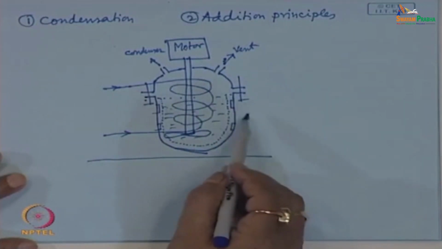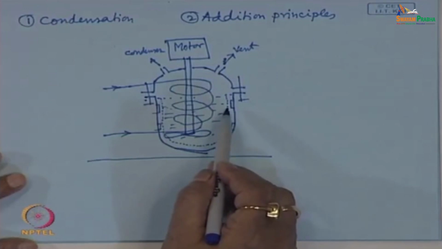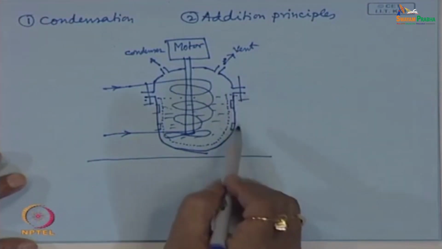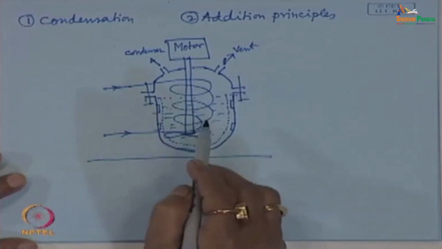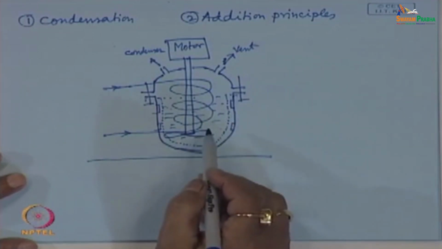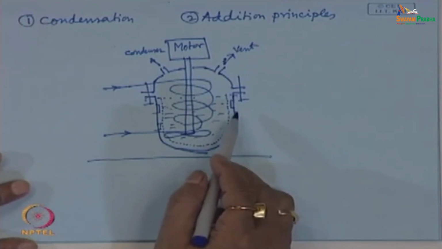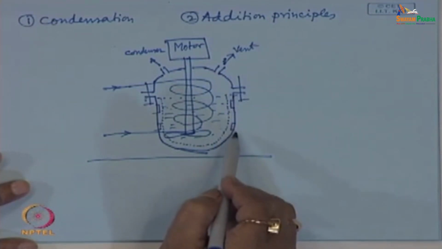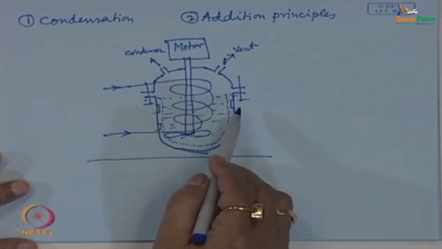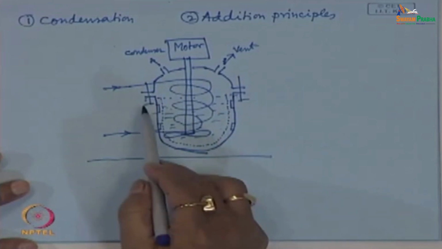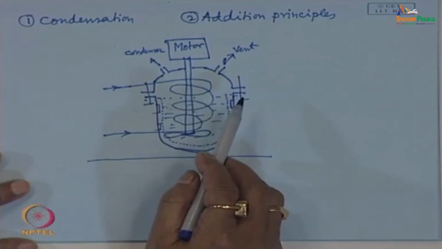Not only that, there may be jacketed heating by an outside jacket. Again, the thermal conductivity of the material of the reactor plays an important role there. I have not shown the outside jacketed heating here, but that is also used. The outside jacket can also be used as a cooling system.